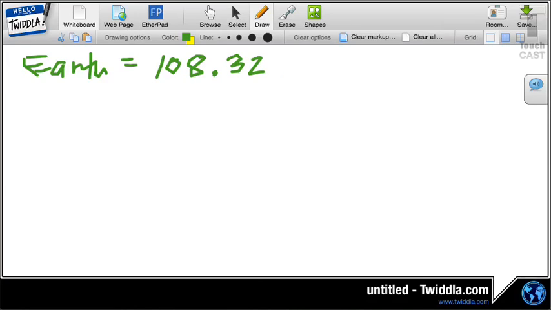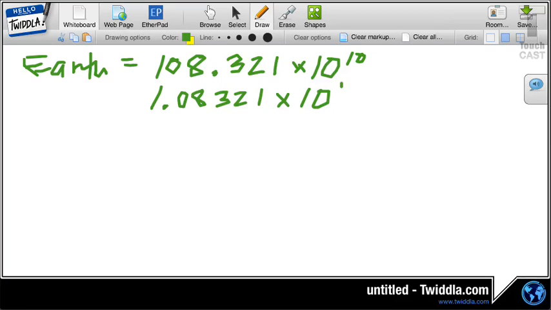The space website I found this on said it was 108.321 times 10 to the 10th. But you know from being good scientific notation students that we can't leave it like that. We have to have the first digit be a number 1 to 9. So if I convert that, I need to add on 2 more exponents, and we'll call that times 10 to the 12th.